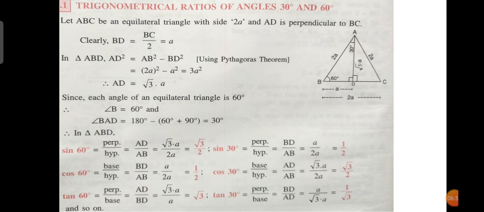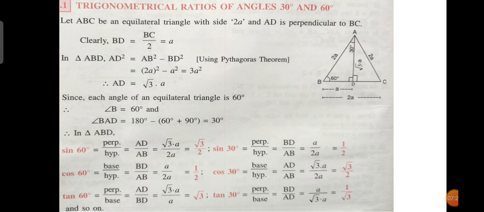In triangle ABD, we are finding sine 60 degree, cos 60 degree and tan 60 degree, the ratios of the angle 60 degree. What is the definition of sine? It is the ratio of the perpendicular and the hypotenuse.